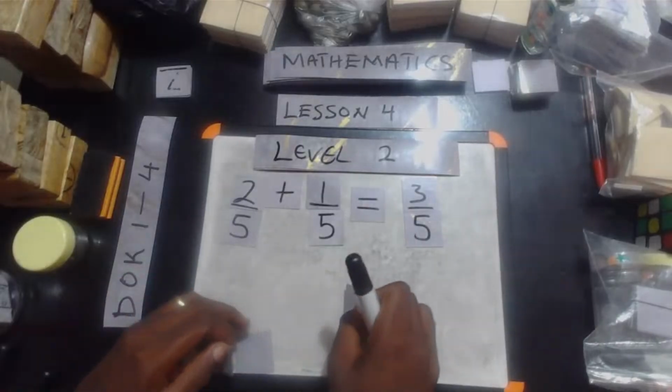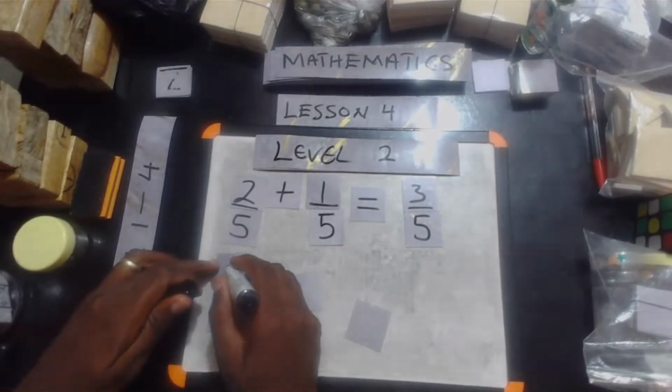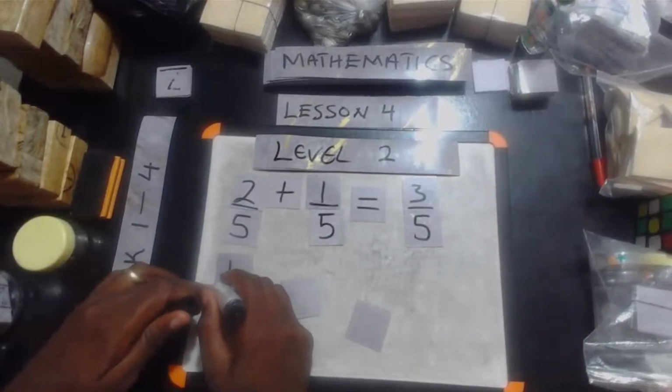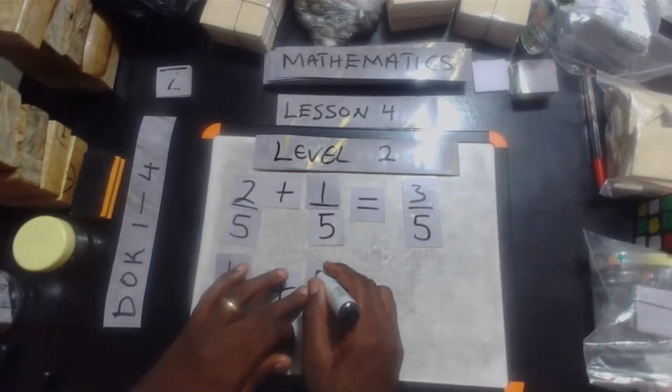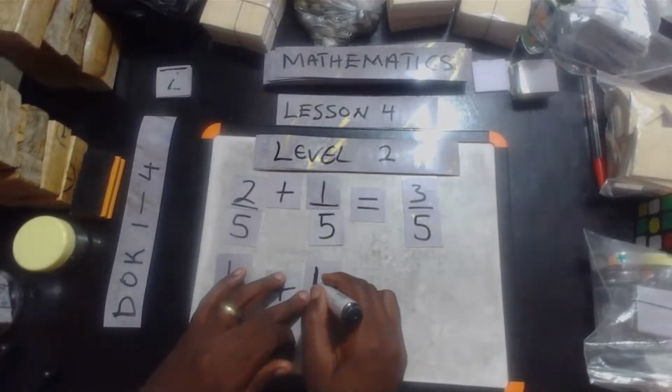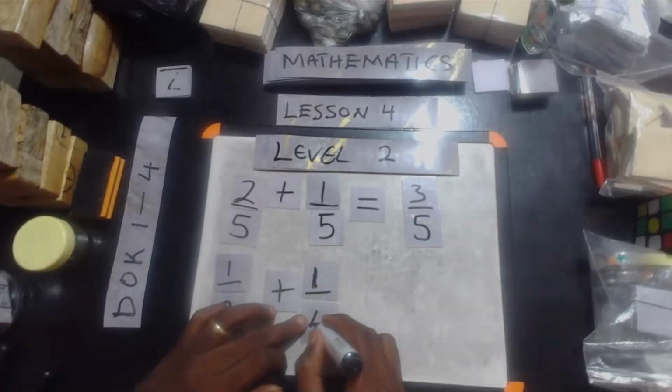similar to a situation of 2, so let's have 1 over 2 plus 1 over 4.